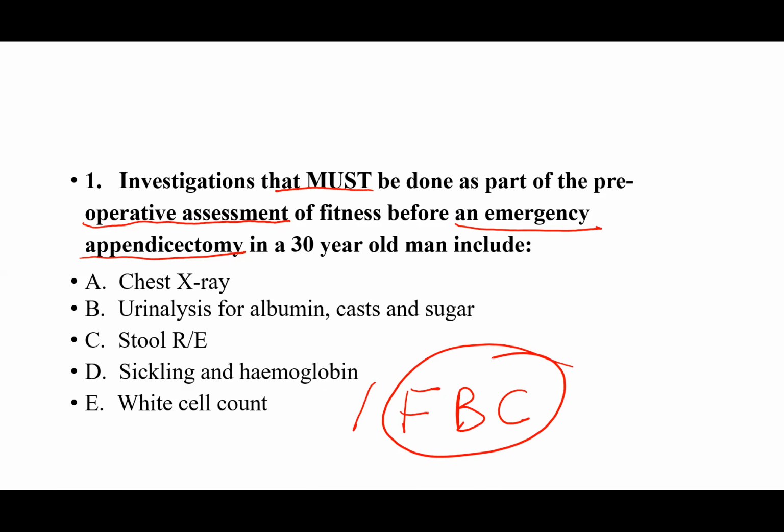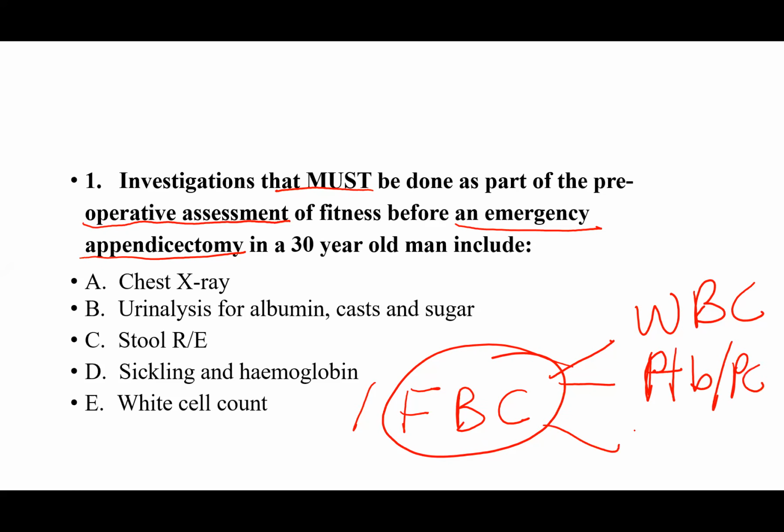White cell count. Oh, I didn't see it. I'll go for option B. See how quick you are to choose. Your mind is already going for a full blood count, where you assess white blood cell count, which is a component, hemoglobin or PCV, platelets, and other parameters. So you see, obviously this is wrong.